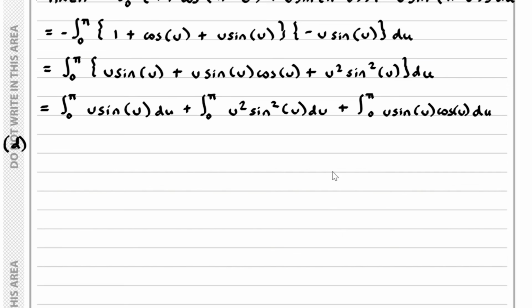So for part D, we've got to work out the integral from 0 to pi of u squared sine squared u du. And to do this, I'm going to be using integration by parts.